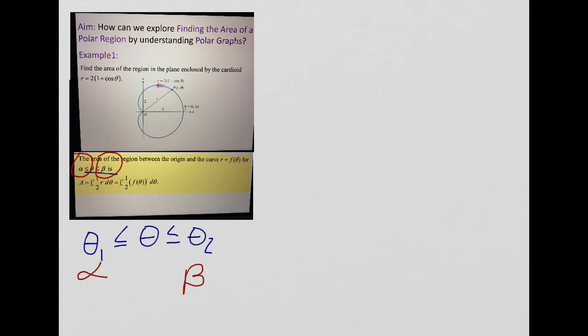So the area is integrating 1/2 r squared d theta, because the theta value is changing throughout your whole graph. It's not going to stay a particular fixed value because theta is going to change throughout the graph. That's our formula for area.